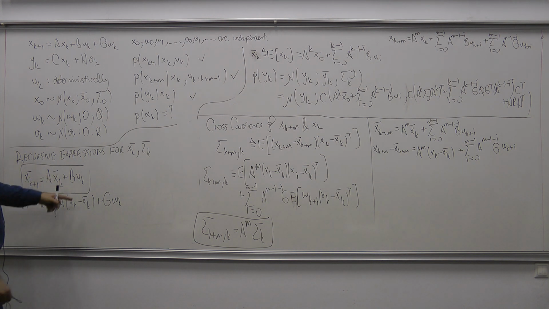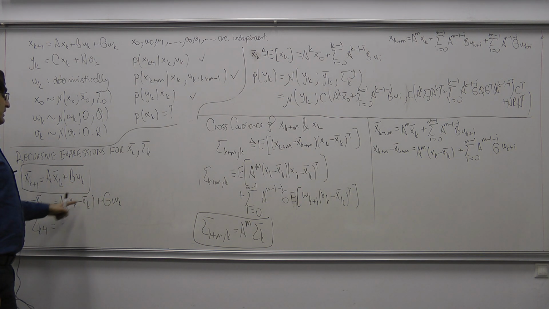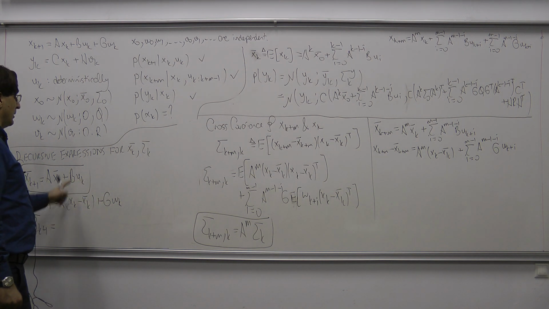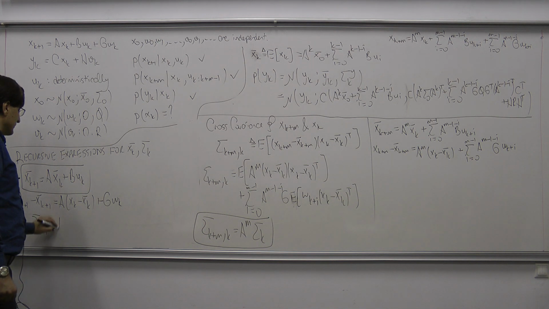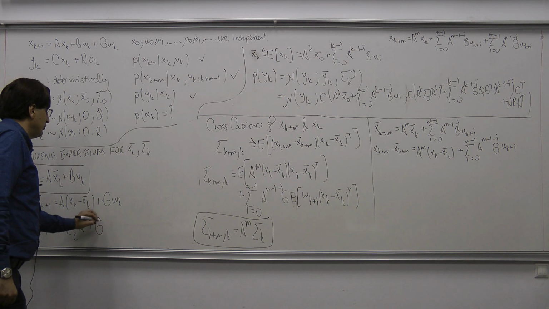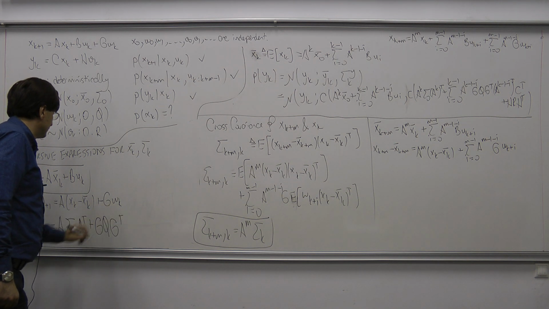So now I will take the covariance: I will multiply this thing with its transpose, and I will take the expected value, and that is going to give me sigma k plus 1. And these are again independent terms here, and as a result I can calculate the covariance of the sum as the sum of the covariances, and that gives me A times sigma k times A transpose plus G Q G transpose.